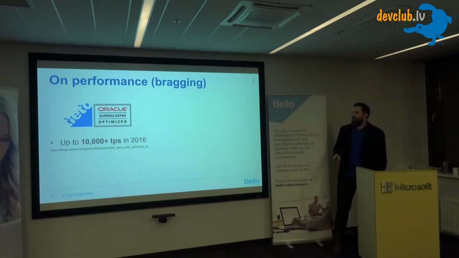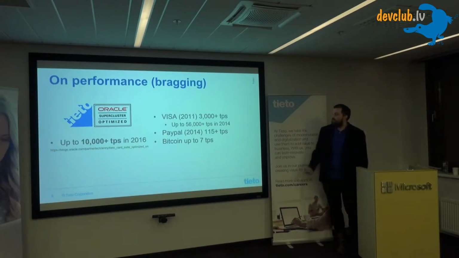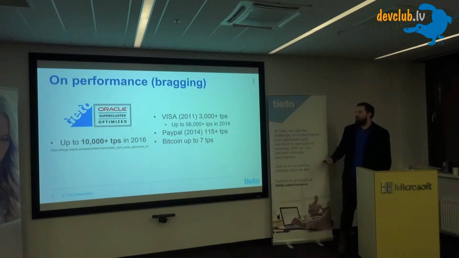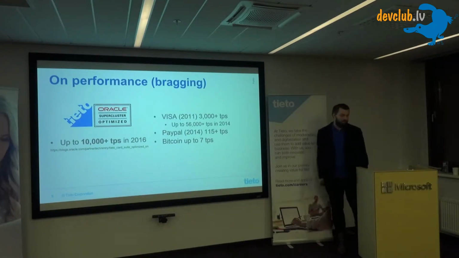So to give you a frame of reference, these are numbers from similar areas. Visa network in 2011, they had different sources, and they told 2,000 or 3,000 transactions per second, and probably they are doing something like 5,000 now.